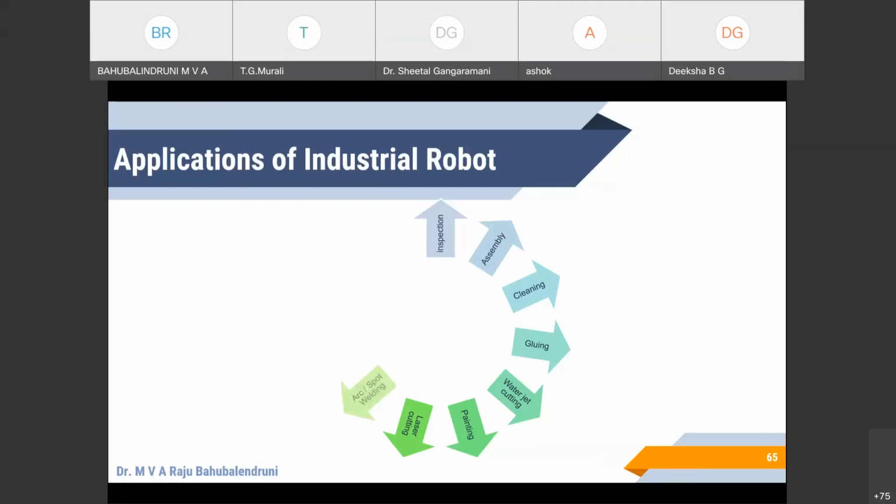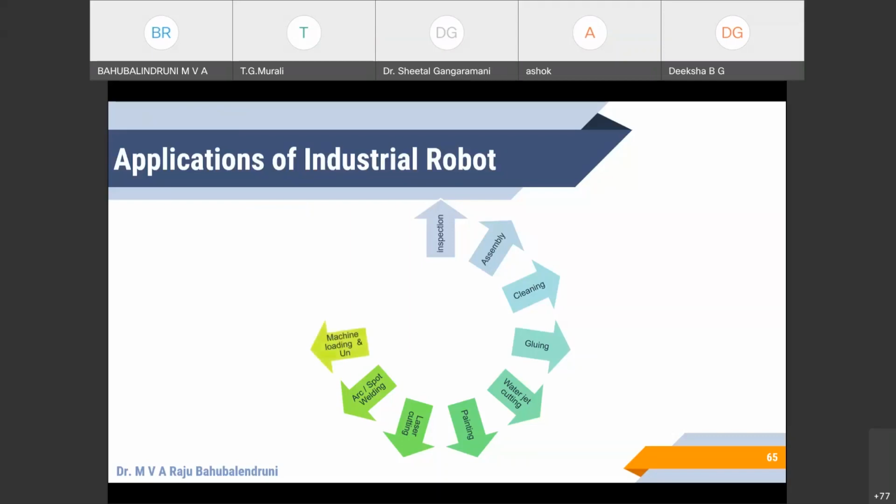And then arc welding and spot welding. Robots are the most used in the manufacturing industry for this purpose, arc and spot welding, where a consistent movement of the tool is given, and we get the same accuracy throughout the weld specimen. So that is the advantage of a robot used for spot and arc welding.